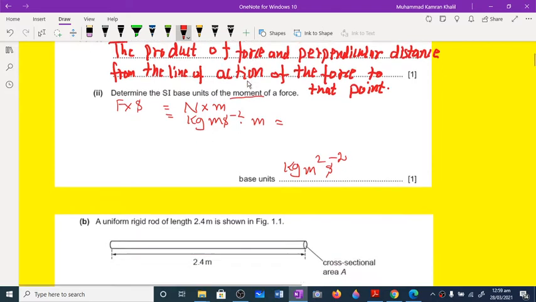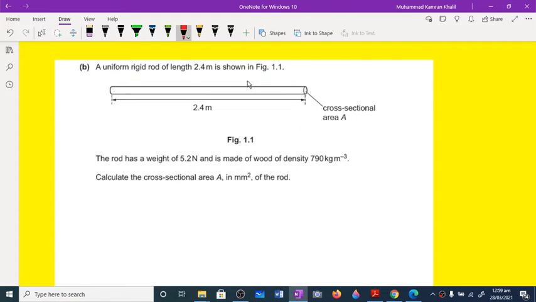Now the next part. A uniform rigid rod has a length of 2.4 meter. The length is given, the weight is given, the density is given, and the cross-sectional area is required.